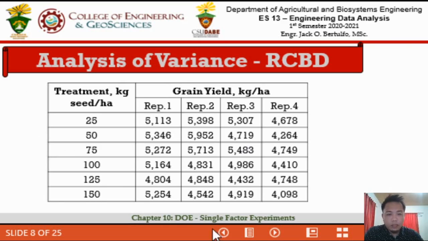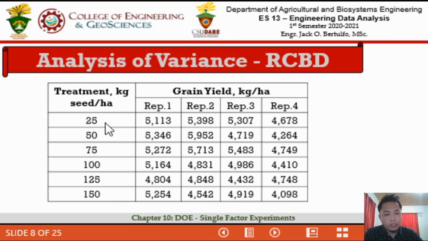Okay, so for example, for analysis of variance for RCBD, I have here an example. Let's say that we try to predict again the yield of a plant. Our treatment now is the number of seeds, or the weight of seeds in kilograms, that we put in every hectare.